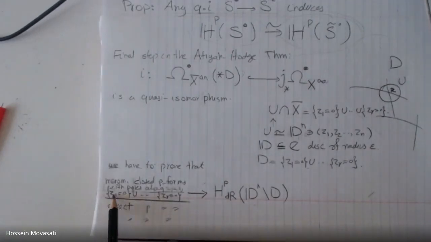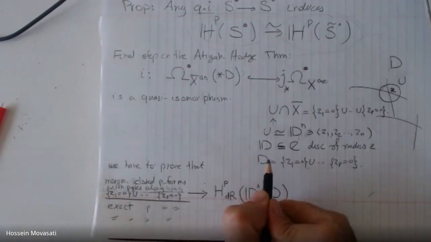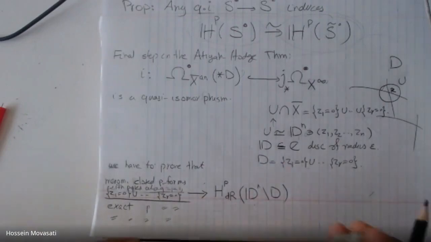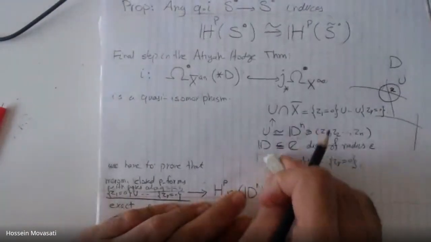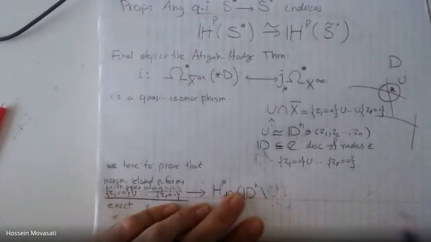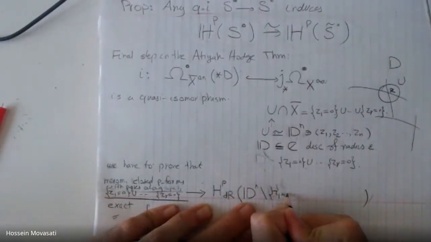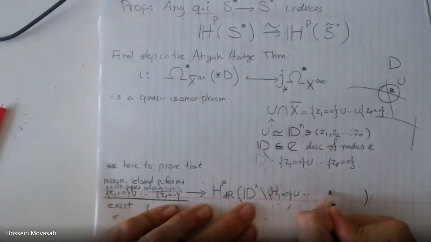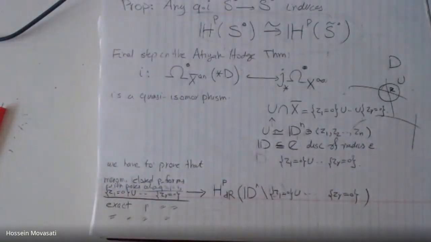And the fact that here Z1, ZR are a coordinate system will be essential in the proof of this statement, and this comes from the fact that this original D was normal crossing. So if I want to make a proper notation, D was the global object; it was Z1 equal to 0 union with ZR equal to 0. Anyway, and so this is the complex analysis.